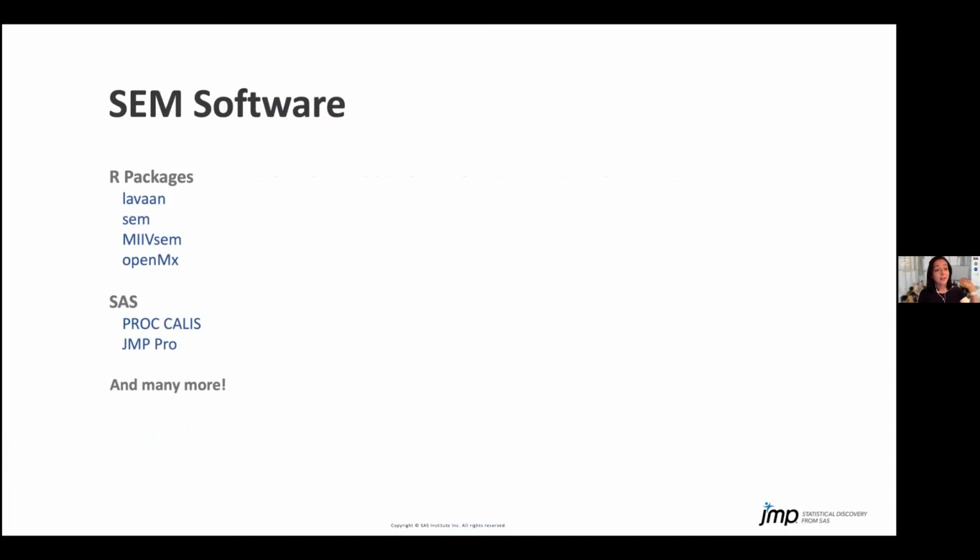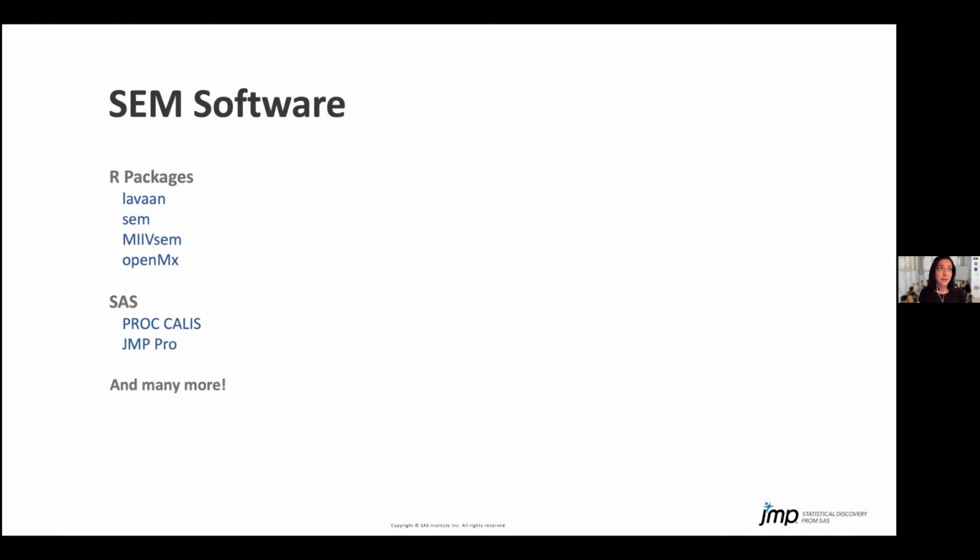There are lots of commercial and non-commercial programs for doing SEM. I've listed here some of the most popular R packages, if that's your preference. In SAS, PROC CALIS has been around for a long time, so it is packed with good features.